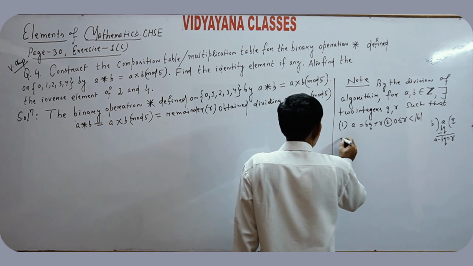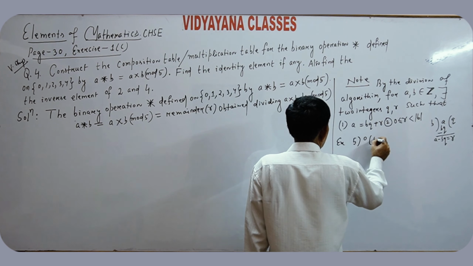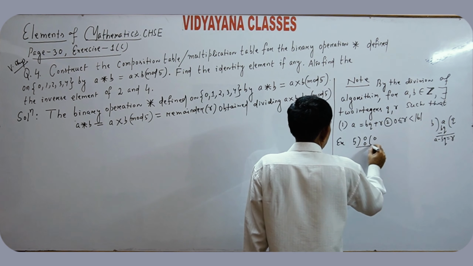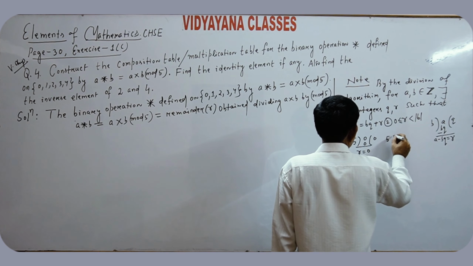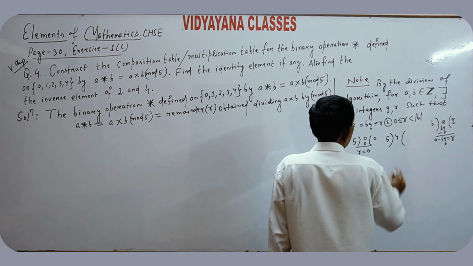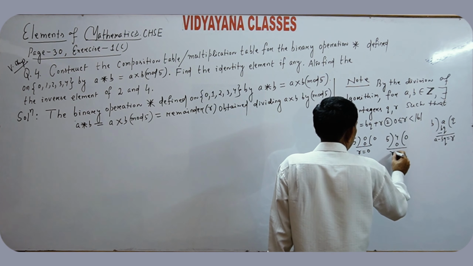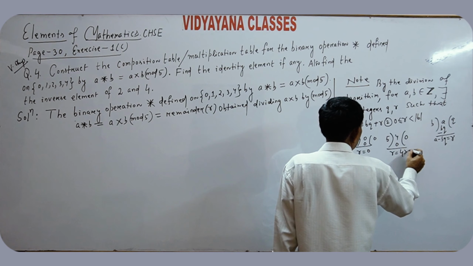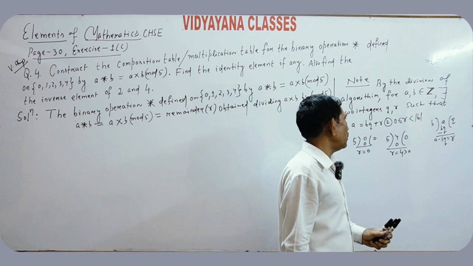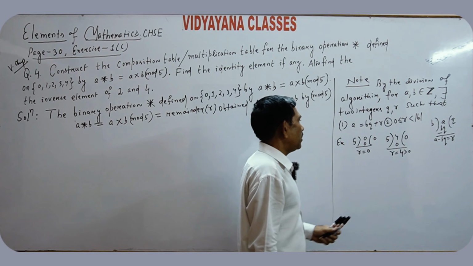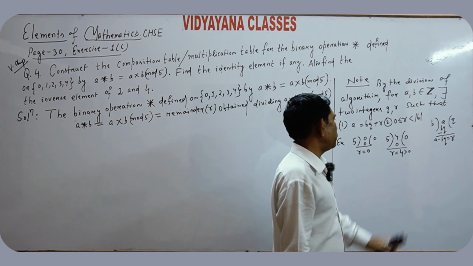For example, 5 divides 0, gives the quotient 0 and the remainder is 0. 5 divides 4, the quotient is 0 and the remainder r is equal to 4, greater than 0. The remainder is always greater than or equal to 0 and always less than mod of b. Mod of b means 5.